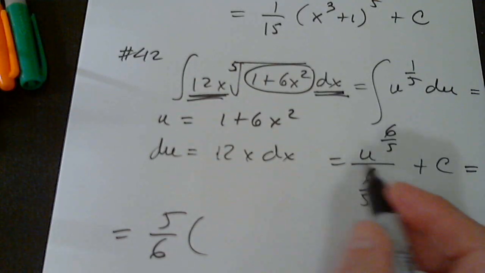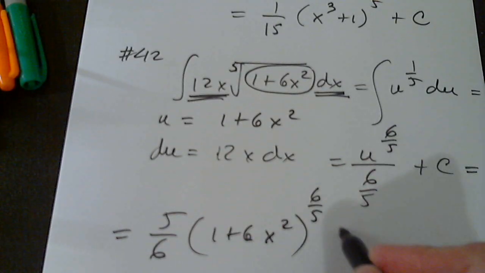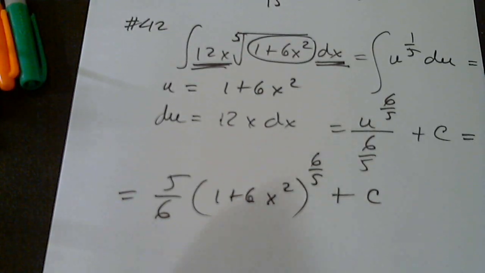I have to change u into 1 plus 6x squared to 6/5 plus a constant c. Any questions? Is this okay, everyone? Okay, let's go back.